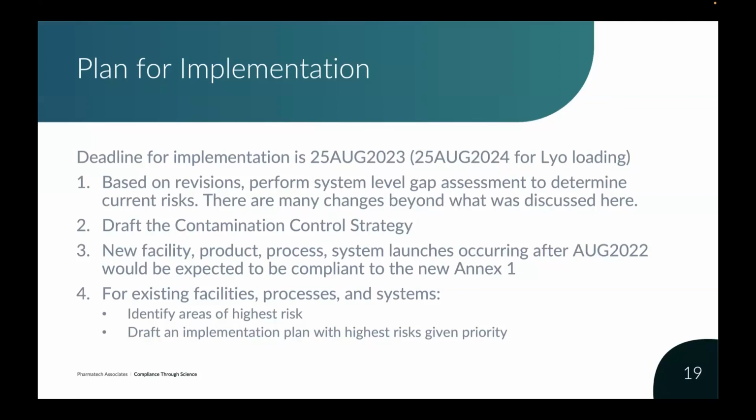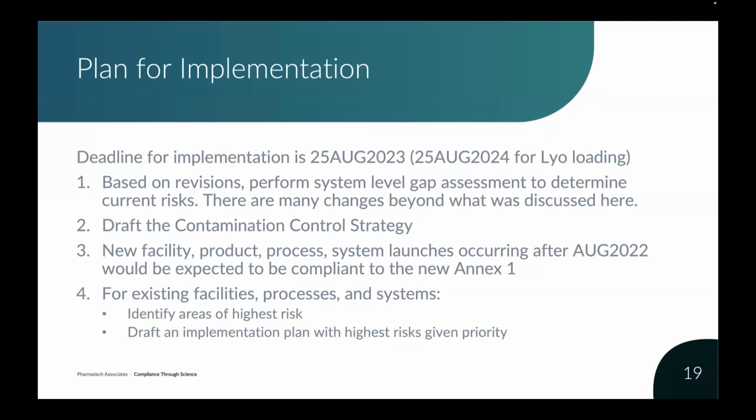I think it's a challenge for industry to take some of these aspects, particularly those now included in facility design, and retrofit them within a year. That's probably a little beyond reasonable expectation, but put together a plan.